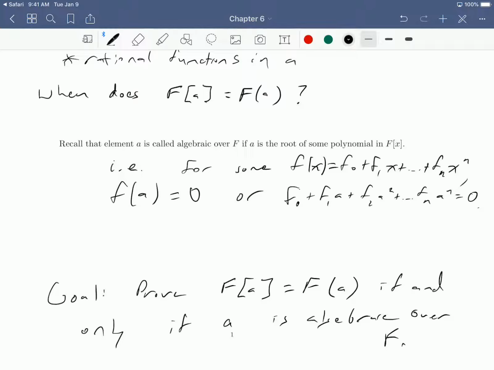All right, let's see if we can do a part of this theorem. So that theorem at the bottom, that the ring actually is a field if and only if A is algebraic over F. Turns out that this is a two-direction theorem, right? It says if the ring is a field, then A is algebraic, and it says if A is algebraic, then the ring is a field.